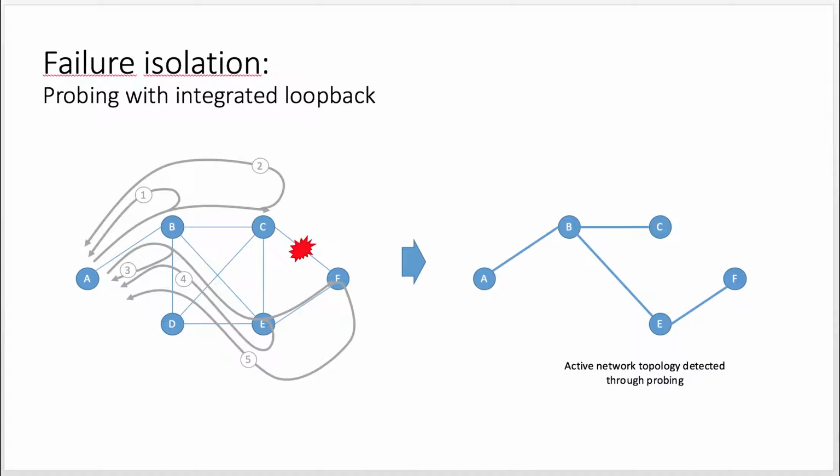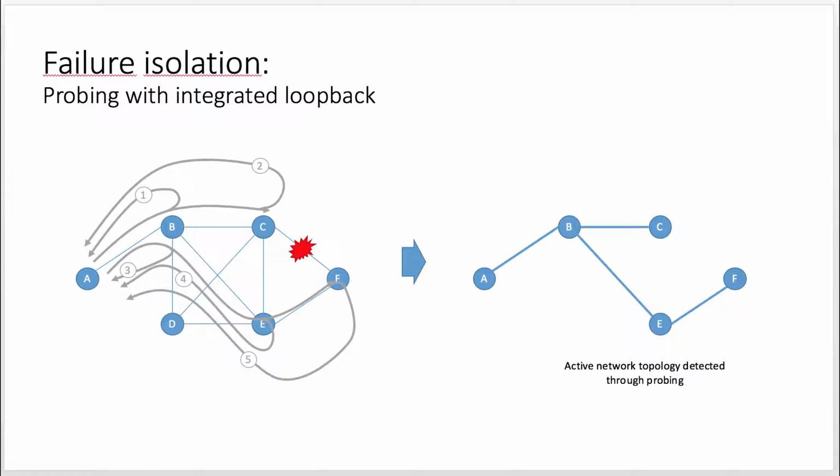Let's suppose there is a link failure between C and F. So A won't receive the response for the ping packets sent to F. On detecting this, A sees that there is a failure in the network and begins the failure isolation logic.